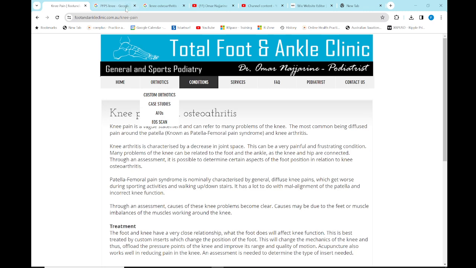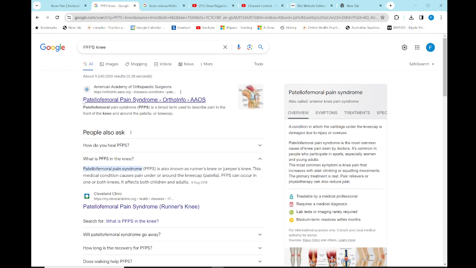The first of those conditions is what we refer to as patellofemoral pain syndrome. Generally it is a broad term used to describe pain in the front of the actual knee, also known as runner's knee or jumper's knee.